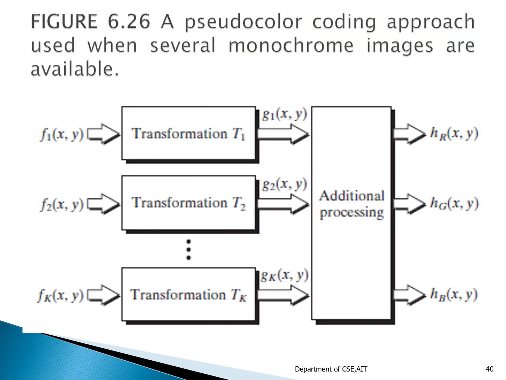The previous techniques were based on single monochrome images, but it is also interesting to combine several monochrome images into a single color composite. That is shown in this picture, where we combine several monochrome images into one single color composite.